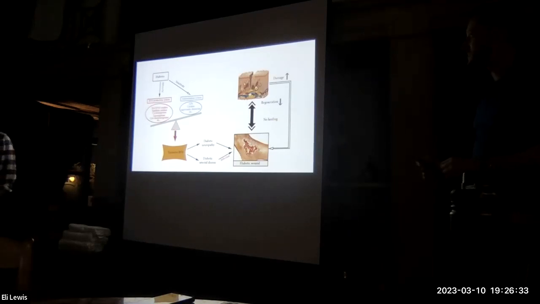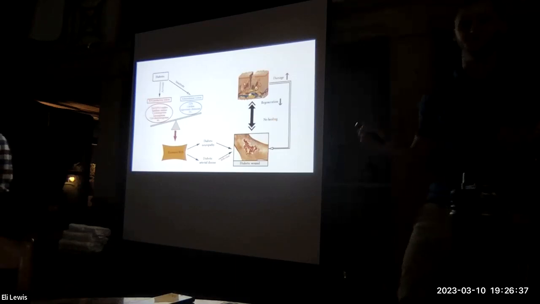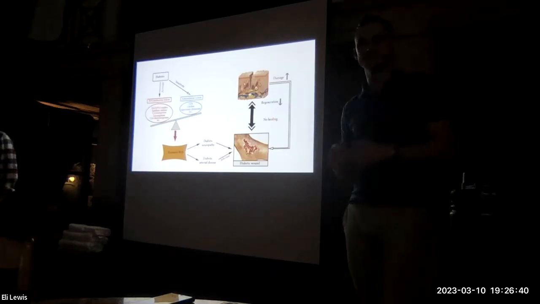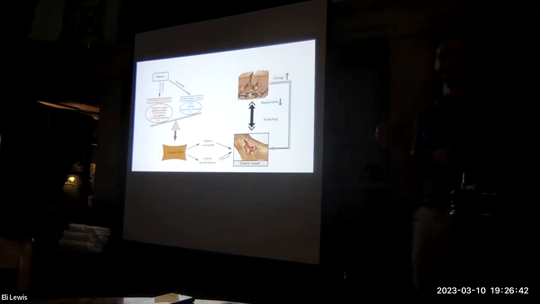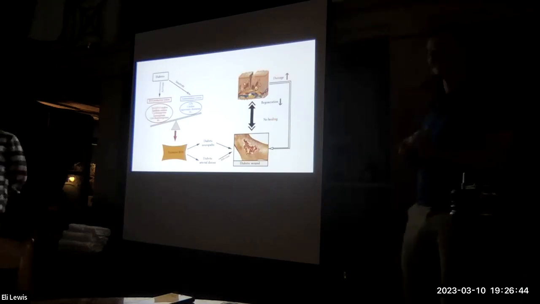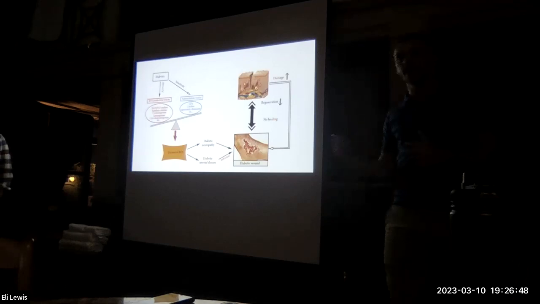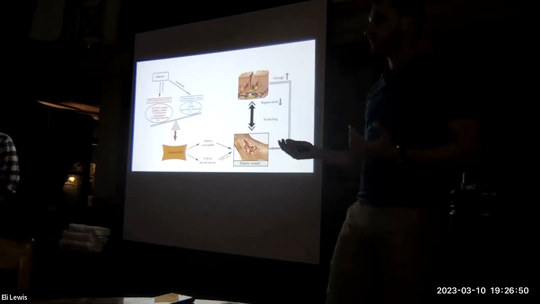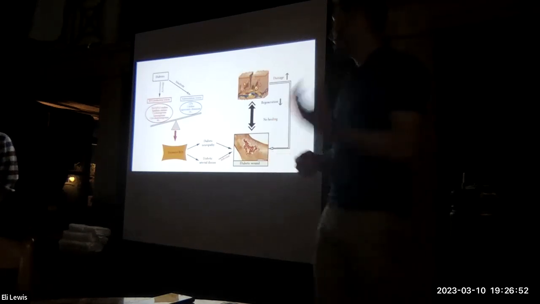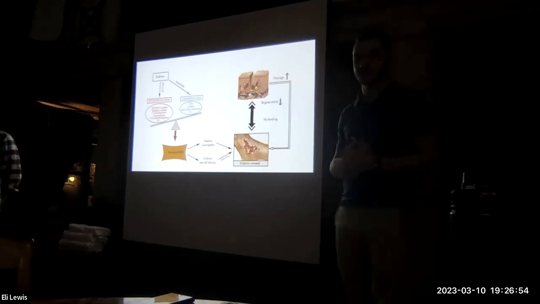So, when we look at the tissue more than looking at the cell itself, we see that there's a leaning of the balance between reactive oxygen species production and the antioxidation system.